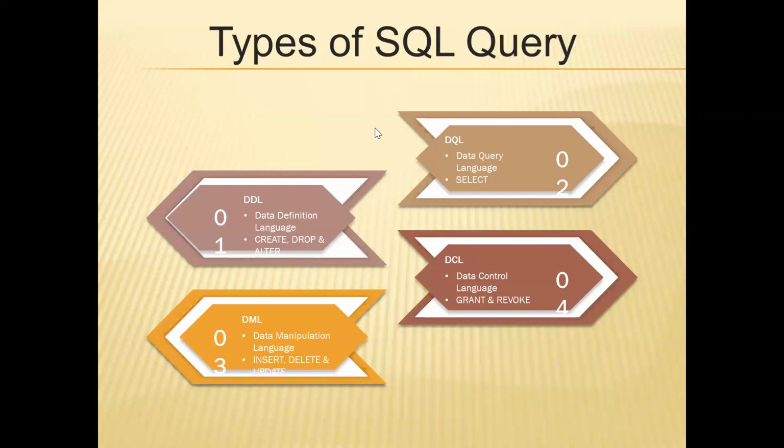DCL commands are usually used by admins and backend developers, for giving access to the users, giving access to the developers, and revoking the access. For this purpose, we are using DCL commands. As a front-end developer, we are using only DQL commands, only the select statement usually. If you want to work as a backend developer, you should know DDL and DML commands as well.